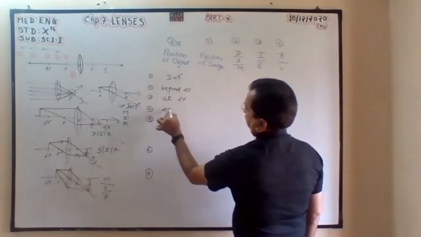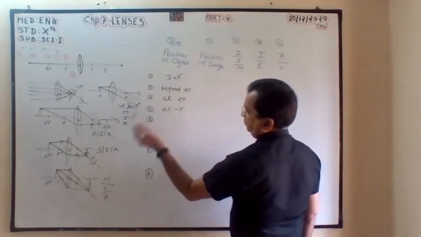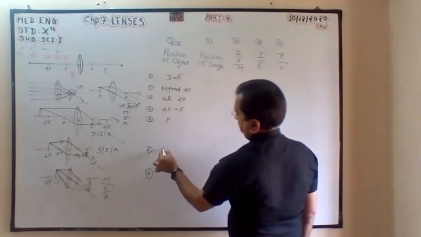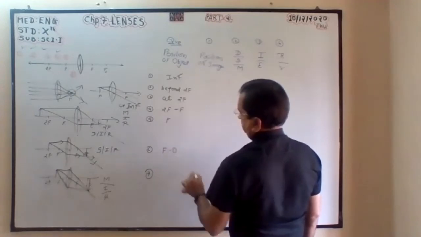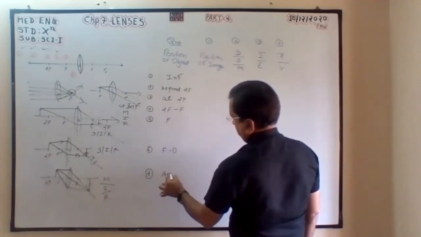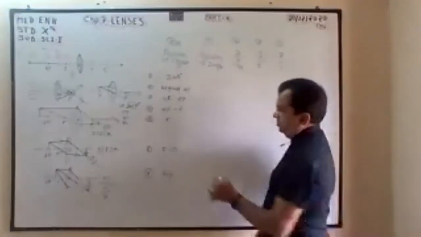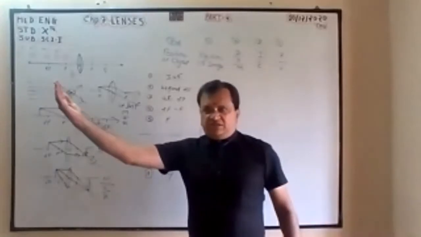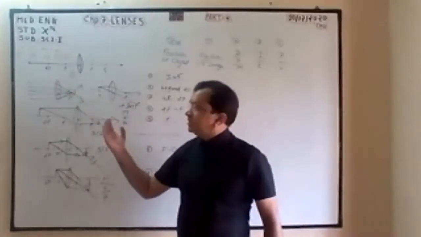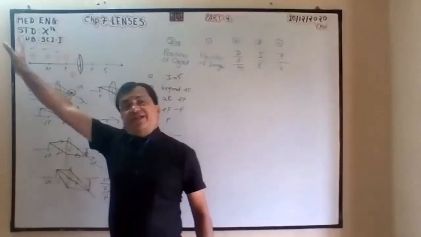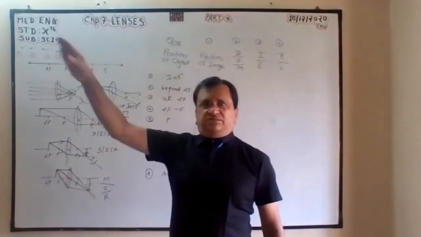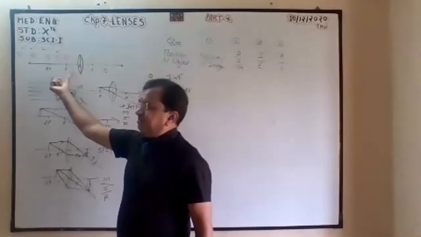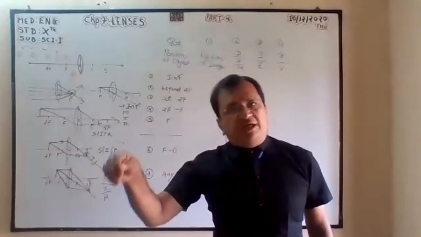Fourth position, in between 2F and F. And at F. Within the focal length. Forget about the last two. The object slowly comes closer. First position, infinite, not a measurable distance. Second, beyond 2F: suppose the focal length is 10, then 10 plus 10 is 20, more than 20 but measurable.